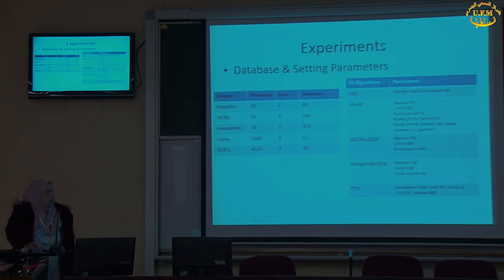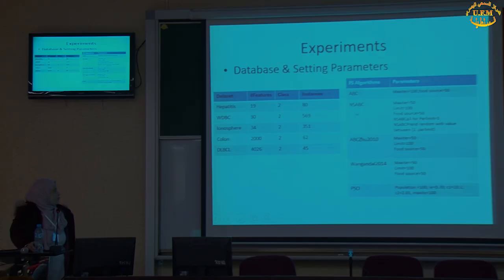We carried out the experiment on 6 data sets: hepatitis, WDBC, breast cancer, ionosphere, colon cancer, and DLBCL cancer. The sizes of features are presented below. This is a binary classification problem. The number of examples in each data set is also shown.